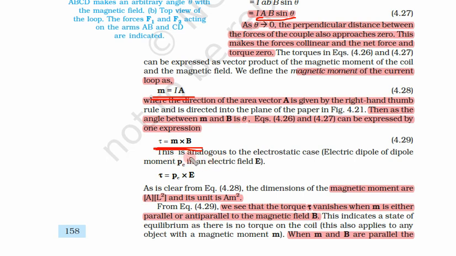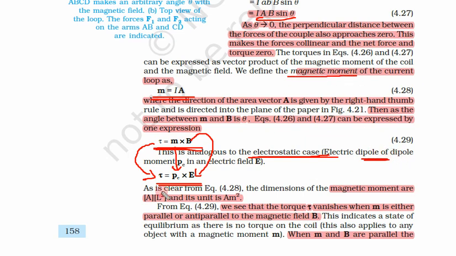So this is very similar to what we get in the electrostatic field for the dipole. For a dipole in an electrostatic field, we got p cross E. So similar thing: tau is tau, the electrostatic field is changed by the magnetic field, and the dipole moment is changed by the magnetic moment.